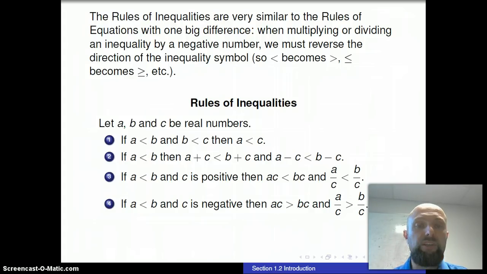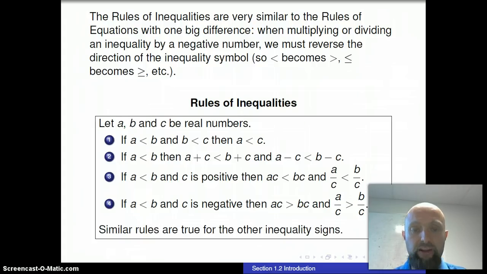The third rule says that we can divide or multiply both sides of an inequality by a positive number without changing the inequality symbol. Rule 4 says that if we divide or multiply an inequality by a negative number, then we need to reverse the inequality sign. And similar rules are true for the other inequality signs.